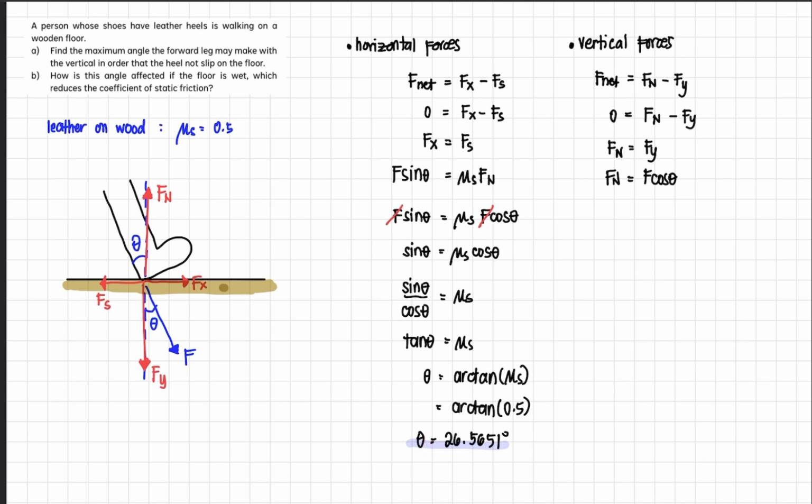The more wet, the lesser the coefficient of static friction, then the lesser the angle should be made with the vertical.